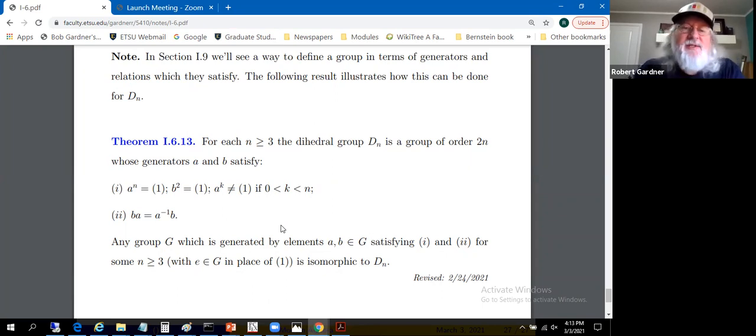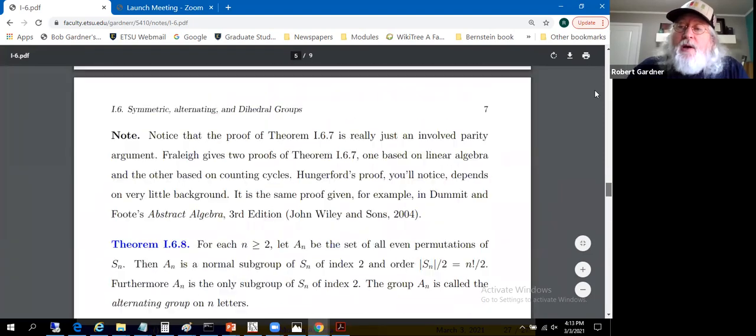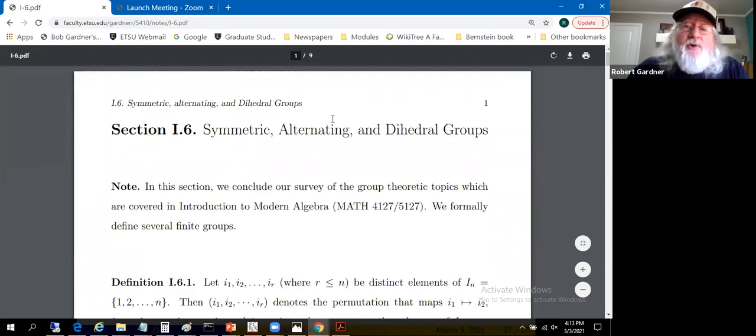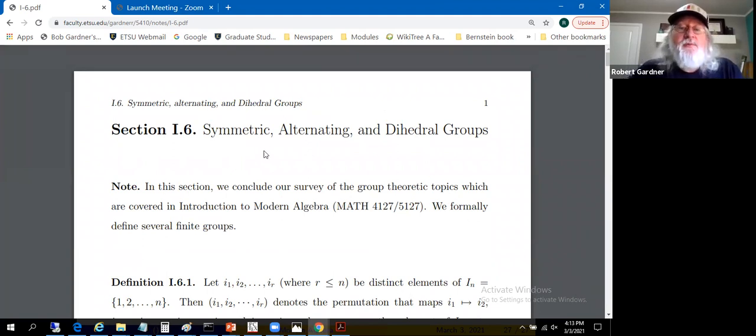It's kind of why we're doing this now. But that gets us through symmetry groups, alternating groups, and dihedral groups. So there are three little classes of finite groups, and they're all related to the symmetry groups. The alternating groups were subgroups of the symmetry groups.